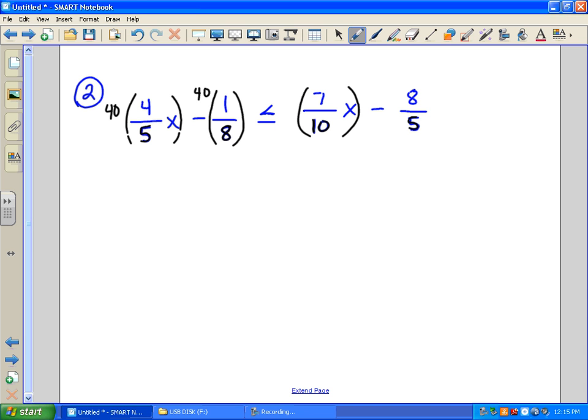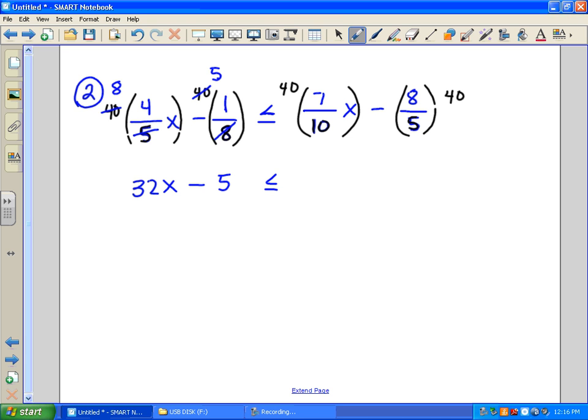So again, just keep in mind what you're trying to do. You're trying to use a number that all of these denominators will divide into because we want to get rid of the fractions. So 5 would divide into 40 8 times. 8 times 4, 32x. Same thing here. 8 will divide into 40 5 times. 5 times 1, -5.